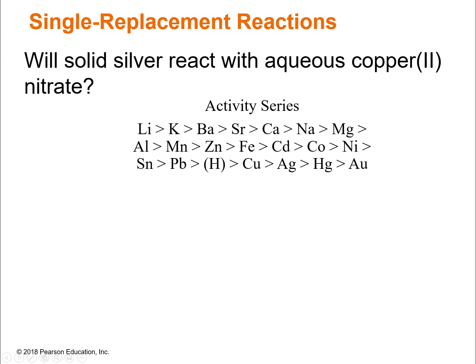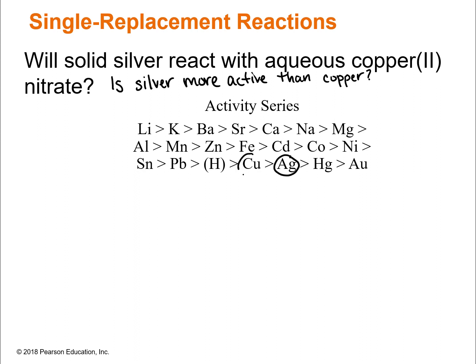Let's do some practice problems. Will solid silver react with aqueous copper 2 nitrate? Well, in order for solid silver to react with copper 2 nitrate, that means that silver has to come before copper. So we can rewrite this question as, is silver more active than copper? Then you'd look at the activity series and find both of them.